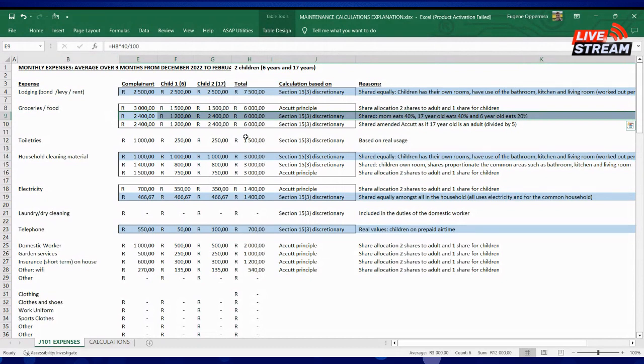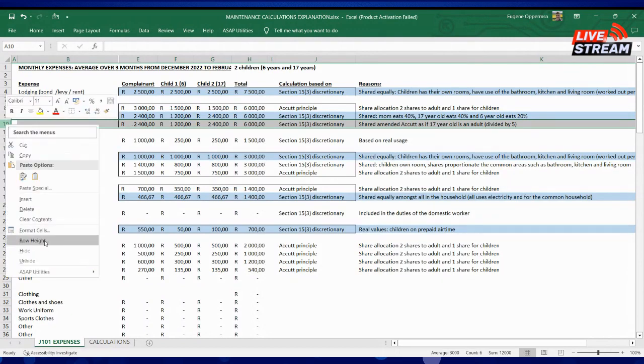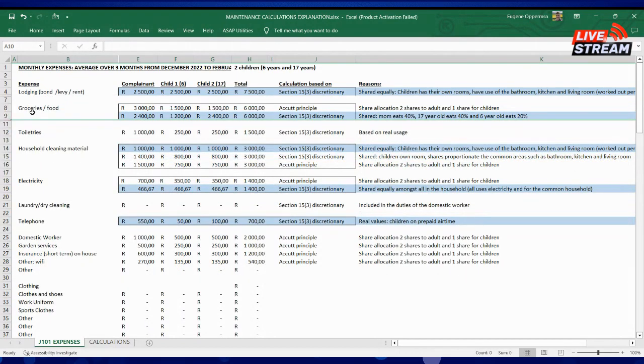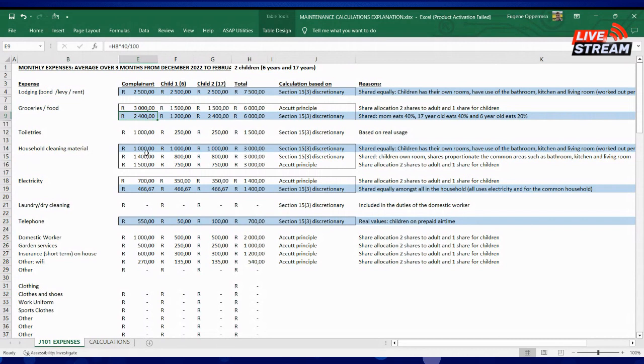Same goes, for example, if you simply split it by 5 and you give the total amount. That is also one of the formulas that could be used. But here we can see that the shared portion would actually suffice and would work the best to the advantage of claiming maintenance. So what we simply could do, we could hide that top portion as well, and then we just work on the 2,400 Rand.